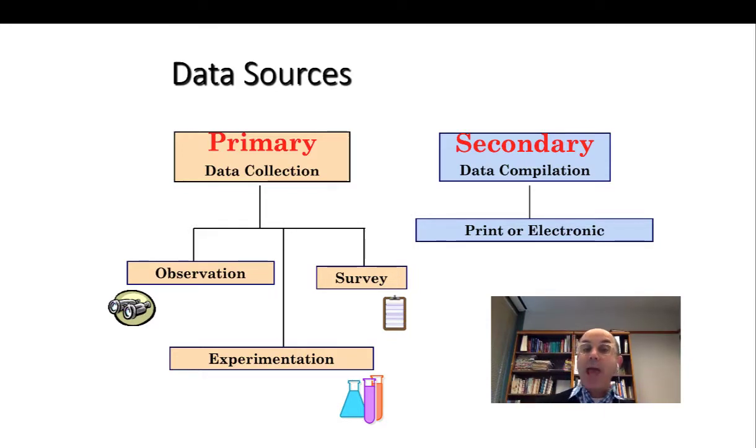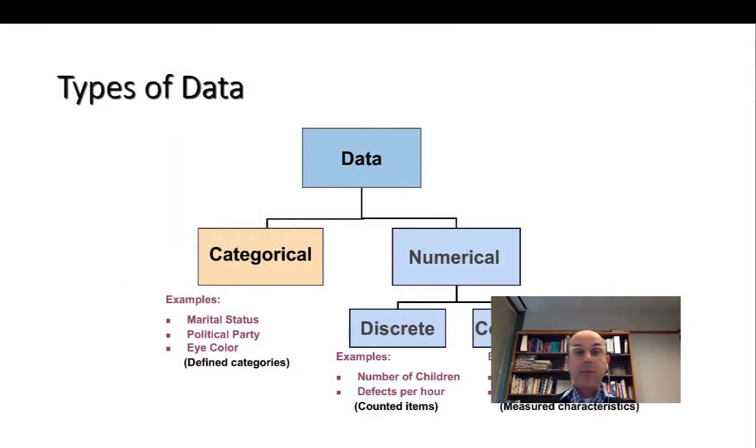Primary, which is where we collect the data from observation or survey, or by taking people to the experiment lab that we have and testing to see the result. Secondary data source is about taking existing data and trying to make sense of it with regard to our questions.